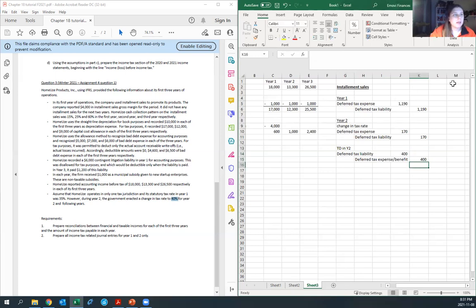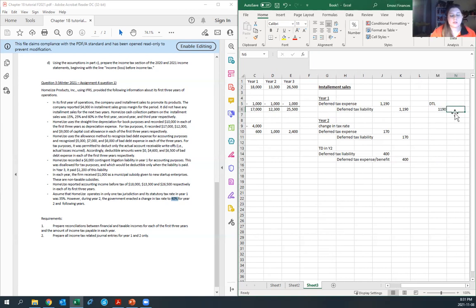So here what happened? Your DTL account, your deferred tax liability account. You have your debits here, credits. So in year one, you had a deferred tax liability of $190,000. Year two, you increased it by $170.